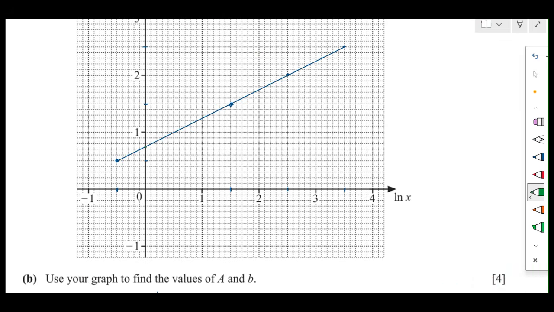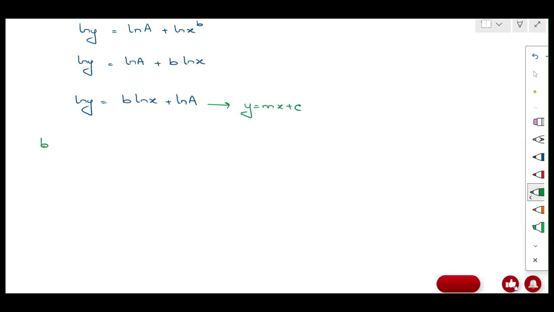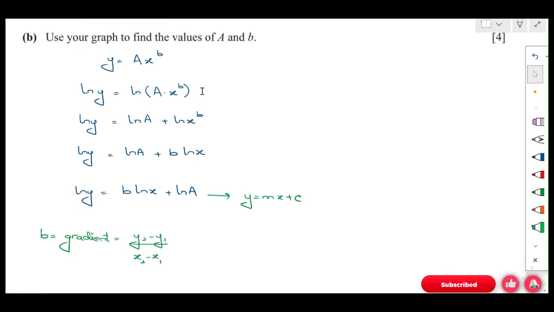And what is the gradient, the slope? Okay, so from the y-intercept, to get the gradient, you have to use 2 points. Take any 2 points and figure out the gradient, the b value. So b over here is basically the gradient or the slope, and it has a formula y2 minus y1 over x2 minus x1. So take any 2 points.